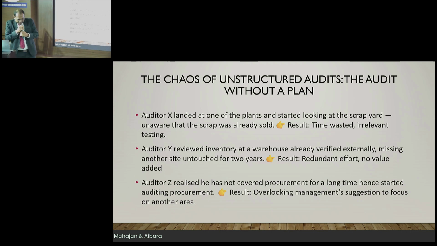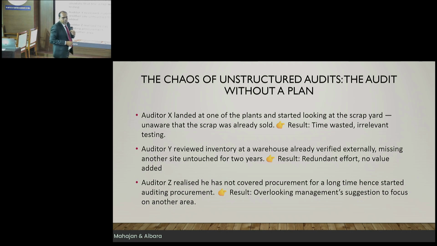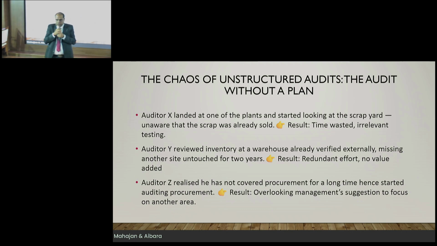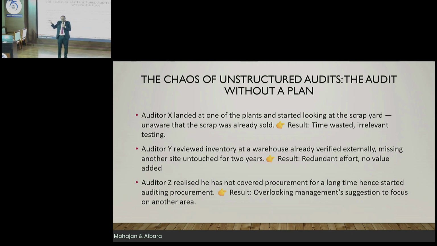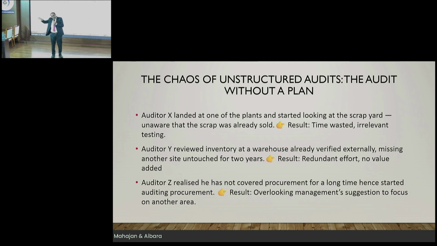So for example, if we talk about the planning part. Assume a scenario where you land up in a plant and you start doing the scrap audit. You went to do the scrap audit, but you found that the scrap has already been disposed. So without preparing a plan, you are moving into the audit phase, which is not advisable.